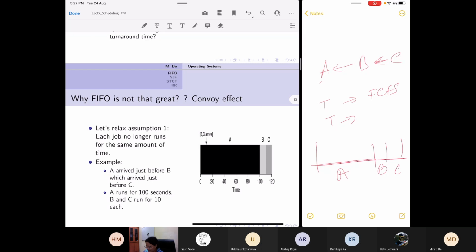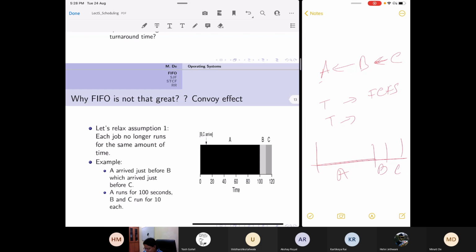Now at the billing counter you need to spend a lot of time, right? So that's why FIFO is not that great. And to avoid this convoy effect, most supermarkets have a priority billing counter, where they permit only customers having maybe 2 or 3 items, or at max 5 items, right?